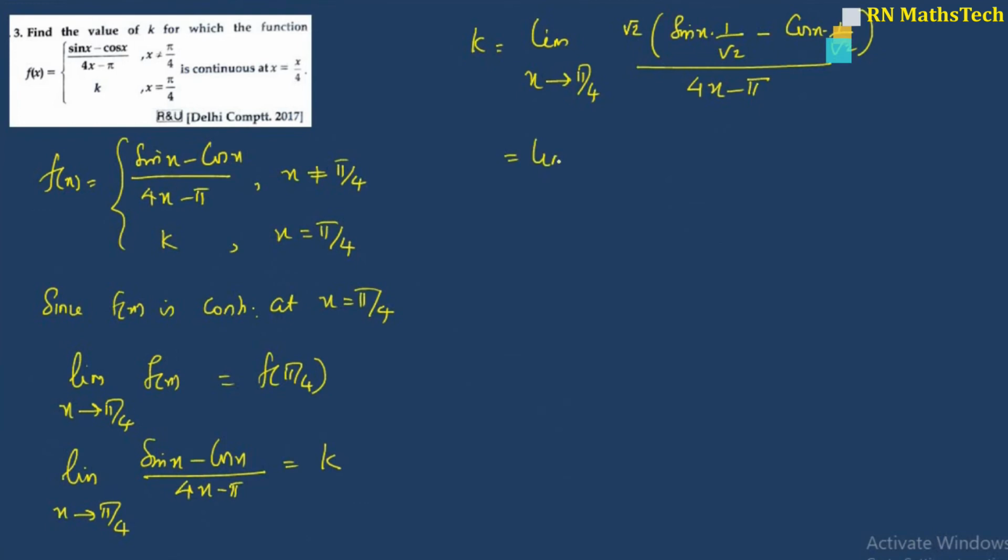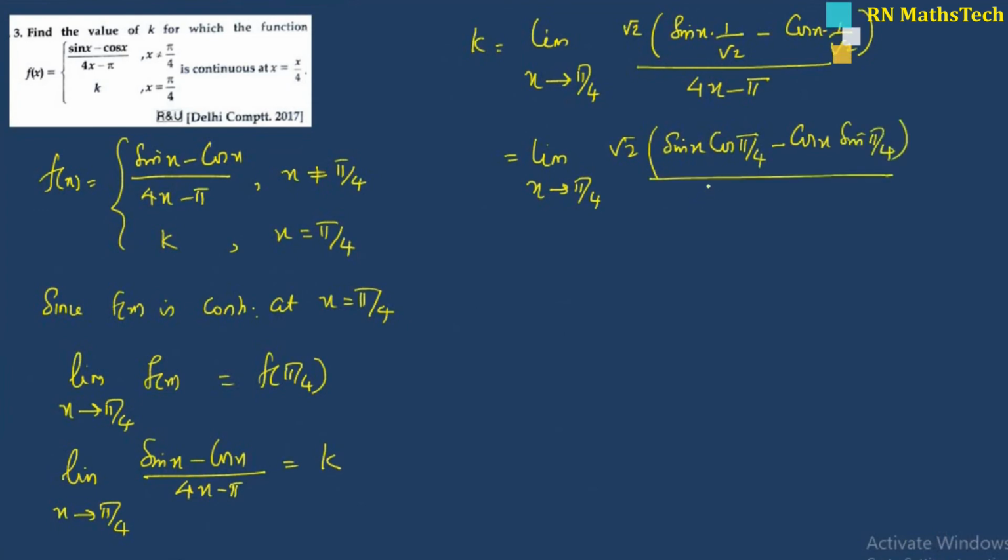That's equal to limit x tends to pi by 4 root 2 into sin x into cos pi by 4, since 1 by root 2 is cos pi by 4, minus cos x into 1 by root 2, which can be written as sin pi by 4, by 4x minus pi. So root 2 can be taken outside.